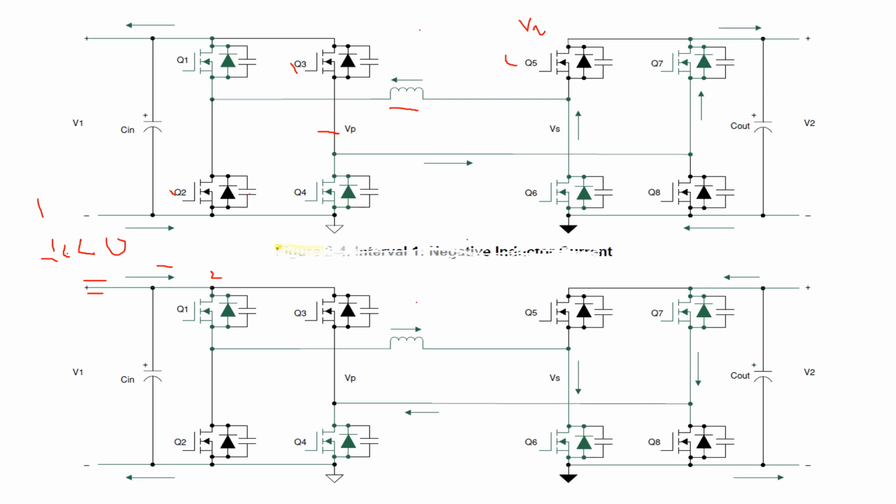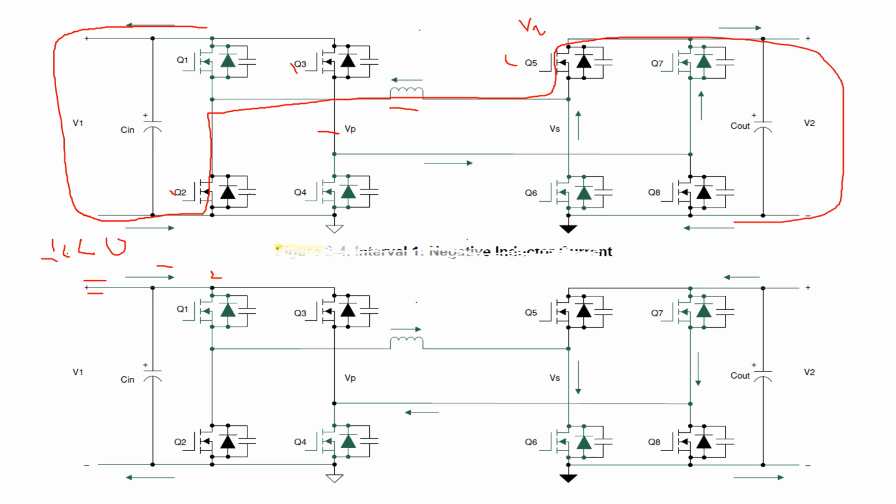What happens in this case is that the current flows this way, down this way, comes this way, goes through Q2, goes up this way, comes this way through the inductor, goes through Q5, comes down this way back to Q8, then comes up this way, all the way here, goes up to Q3, and then goes this way.